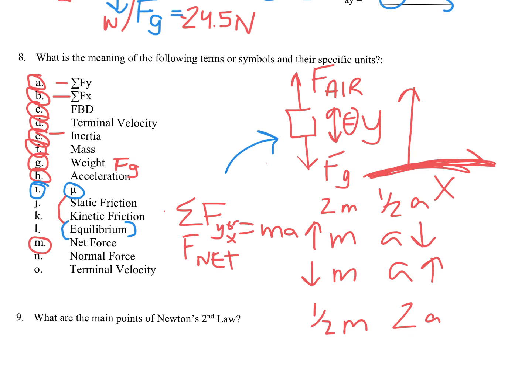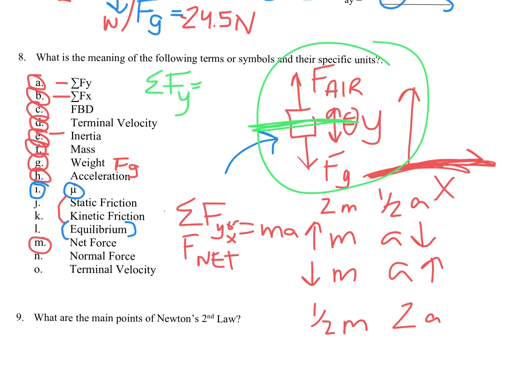For example, if we go back to this free body diagram right here, the net force in the x direction would be nothing because there's nothing horizontally. But the net force in the y direction would be the air resistance force plus the force of gravity. So remember, the total net force is the forces added up in the y or x direction. Also, don't forget that we can find net force, of course, from F equals ma. Both are important to understand.